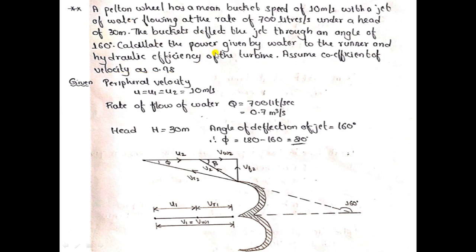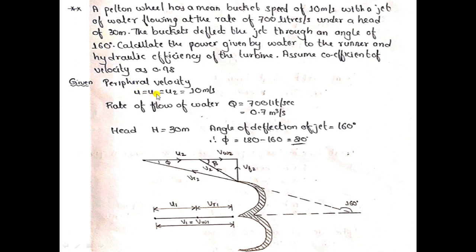Here, if you go through the problem statement, the Pelton wheel mean bucket speed, that is u, is given, which is 10 meters per second, and the rate of flow of water through the jet is given, which is 700 liters per second, and the net head at the inlet of the turbine is given, which is 30 meters, and the angle of deflection is given, which is 160 degrees.